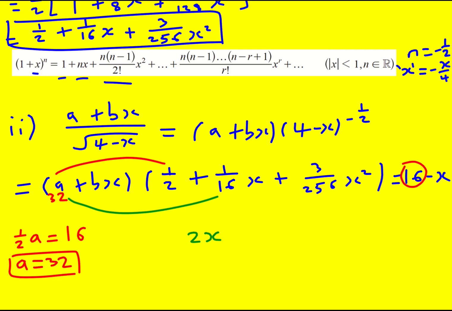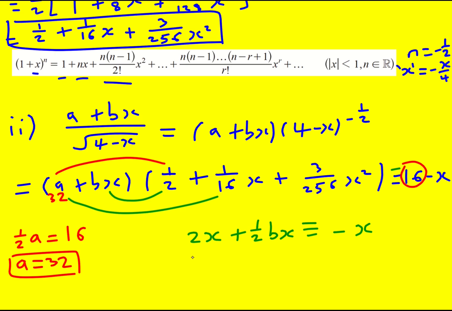And I can also get an x term by doing bx times a half. So it's going to be a half bx, and that is going to equal the minus x term. This is basically an identity, I should have said that. It's true for all values of x, in fact. That's how we can equate the coefficients of the constant terms and then the terms in x and so on.